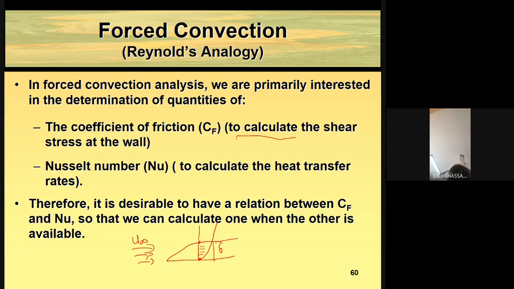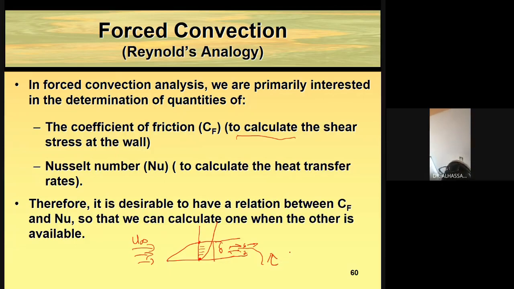Now, within this velocity boundary layer, because the velocity is changing, if you assume two fluids, where the velocity of one equals 2 and the velocity of the other equals 6, this one will be moving very fast compared with the other. So they will develop a relative shear force between the two fluids, which is given by tau.